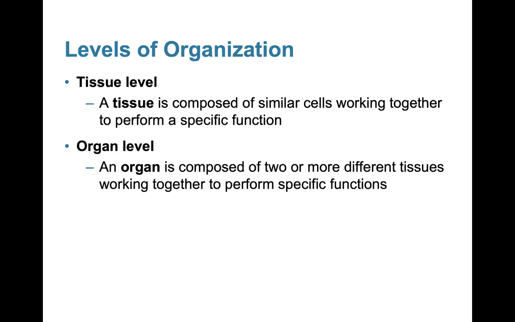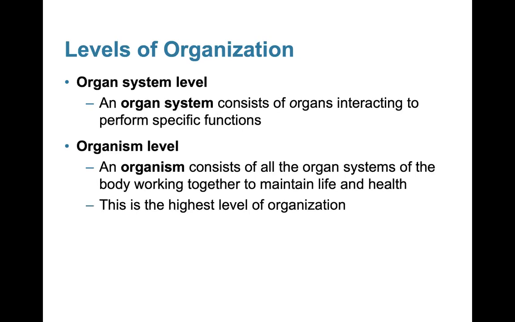And then an organ is composed of two or more different tissues that work together to perform specific functions. We then have the organ system level. This consists of organs interacting to perform specific functions. And then we have our organism level, which is where you have several organ systems that all function together. They're intertwined with each other, and they help to keep the overall organism functioning as a whole.